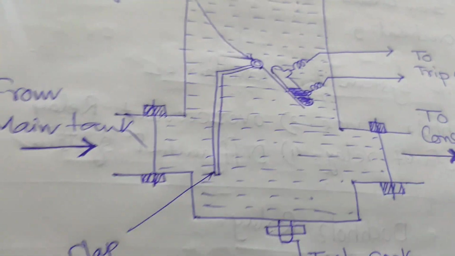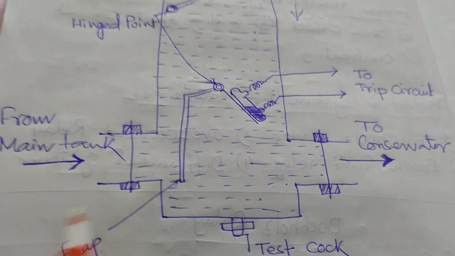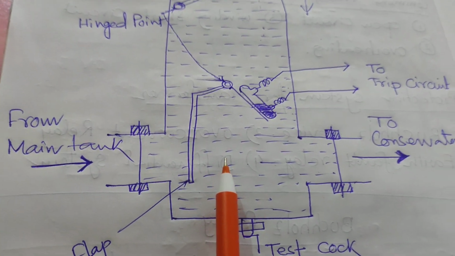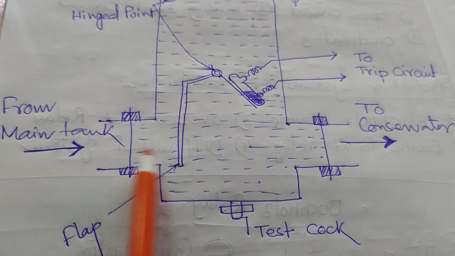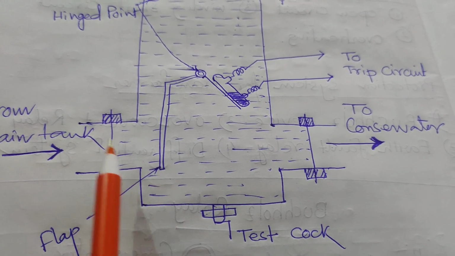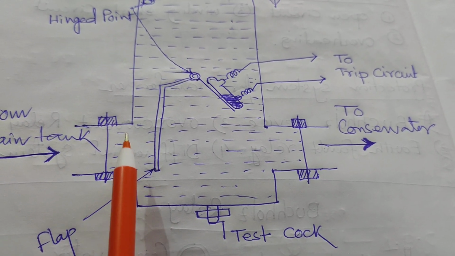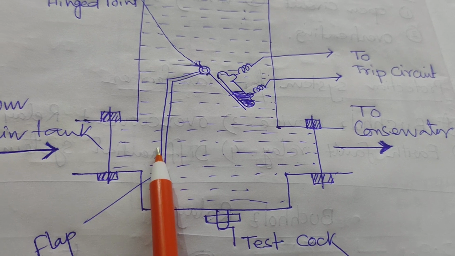And if a heavy fault happens inside the transformers, then a thrust of oil and a force is created, and lots of gases, hydrogen, methane, etc., will be generated, and that gas will provide the thrust and generate the pressure.